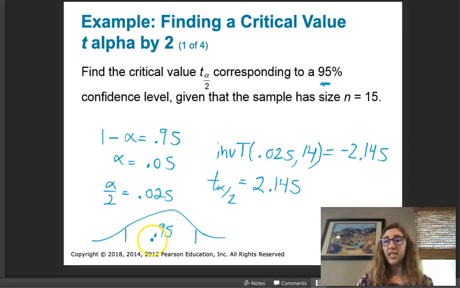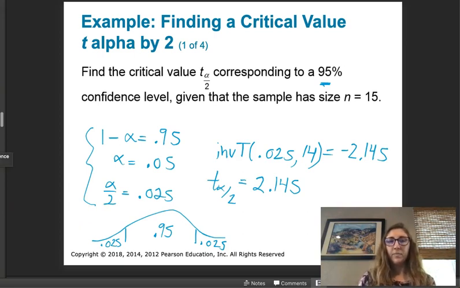We have 5% left, so split that evenly, and each of these sides has to be 2.5%, which is the same thing as 0.025. So drawing yourself a little picture is always a good idea. Just doing all of this math without understanding it, not the best. So please draw yourself a picture if you're getting a little bit stuck.